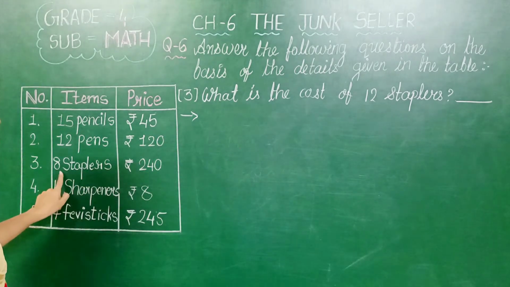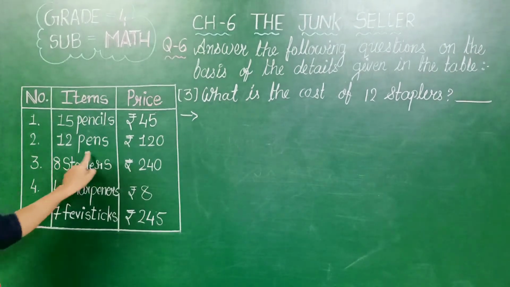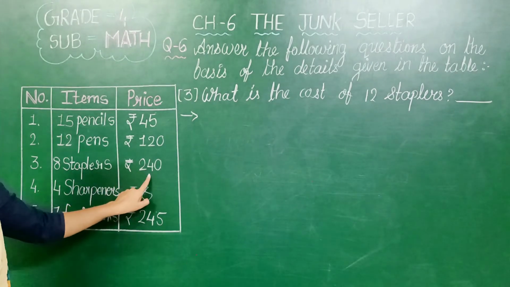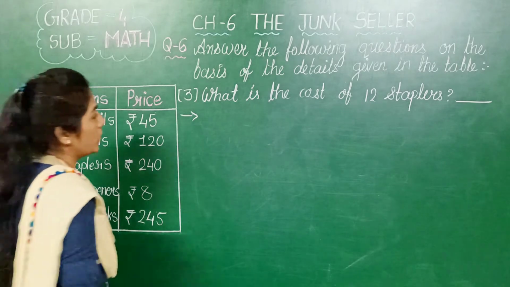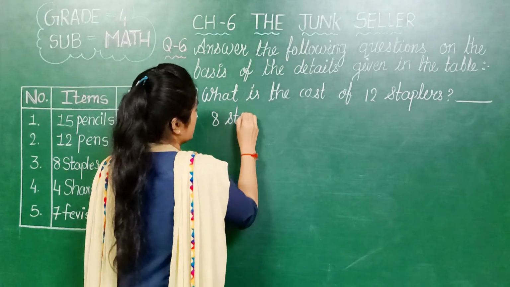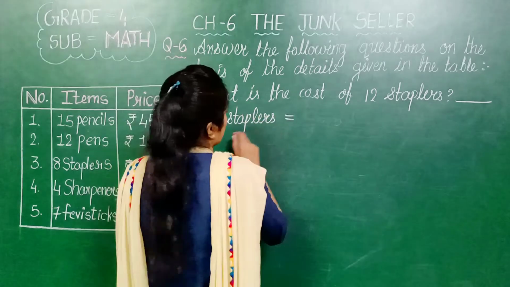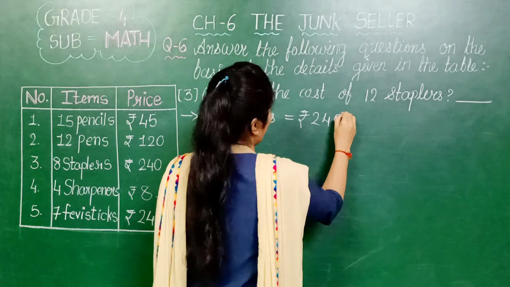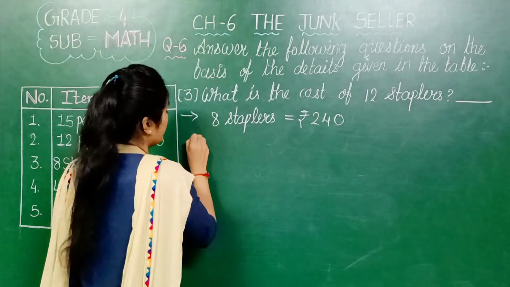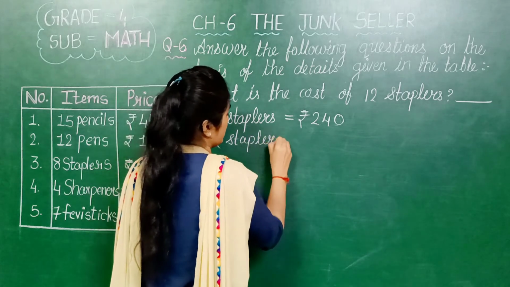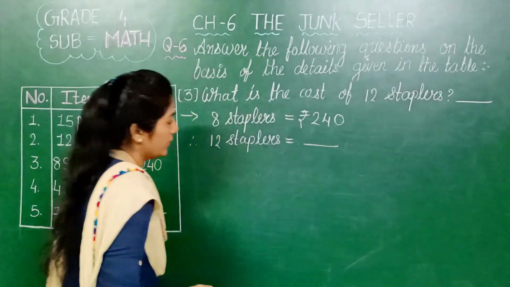Here it is given 12 staplers, and we have the cost of 8 staplers in the table, which is 240 rupees. So we can write this way: the cost of 8 staplers is rupees 240. So what is the cost of 12 staplers? That we have to find.